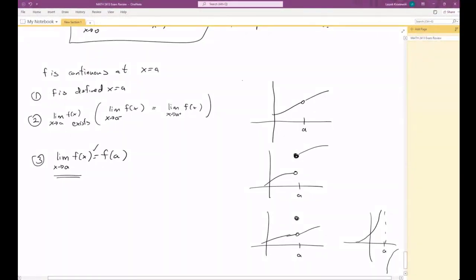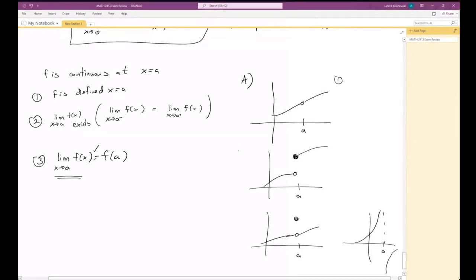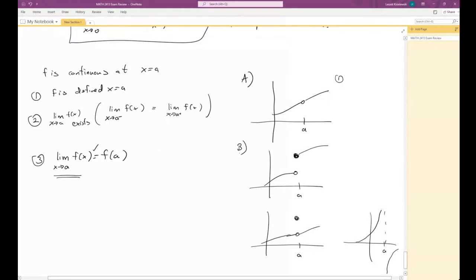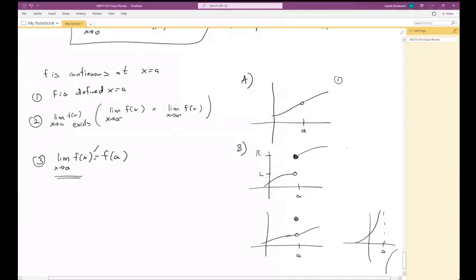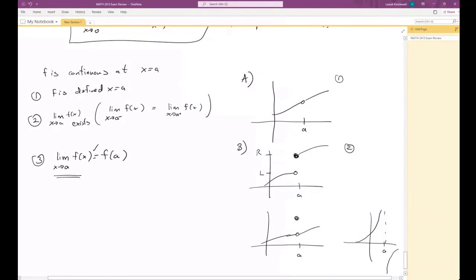So the first picture, let's call that picture A. Picture A, why is this function discontinuous at a? It's not defined. Yeah, not defined, for reason number one. That hole indicates the function is not defined at a. Graph B, we know that here the limit from the left, well, it exists. The limit from the right, it exists, but they don't match. So for reason number two, the limit doesn't exist.